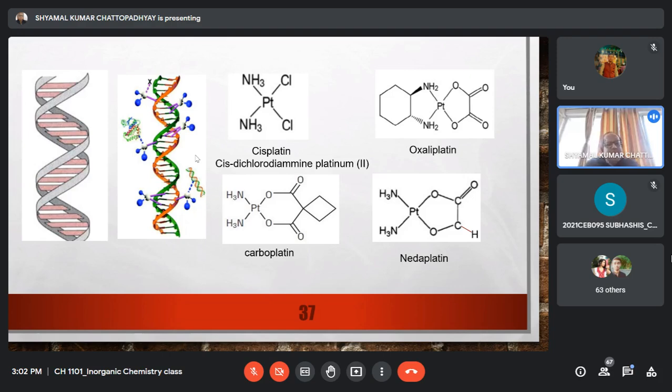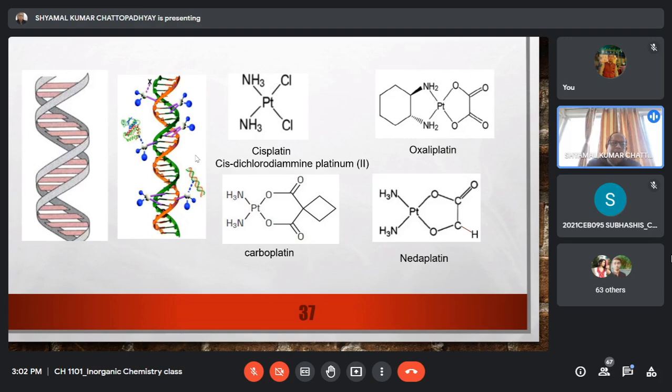So this is the approach taken by most of the metallomedicines, that you develop certain systems which can target the DNA, and in targeting the DNA, it should modify the DNA in such a way that the characteristic of the DNA will be changed, so it will undergo more elongation.